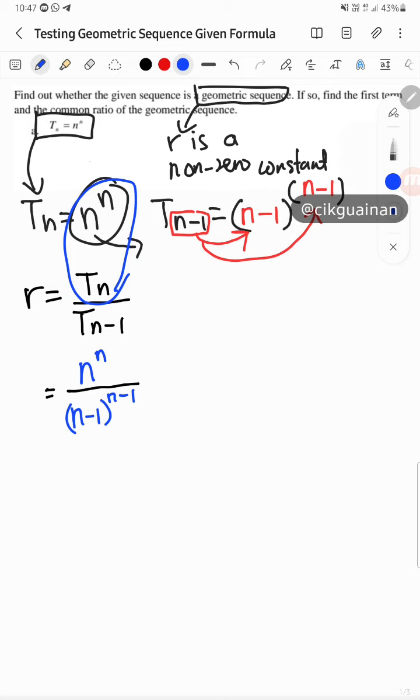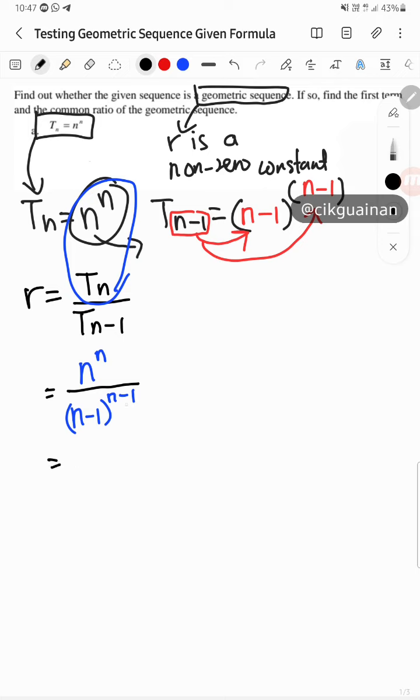Now, this one looks dangerous because there are so many brackets, but that's fine, we try our best.